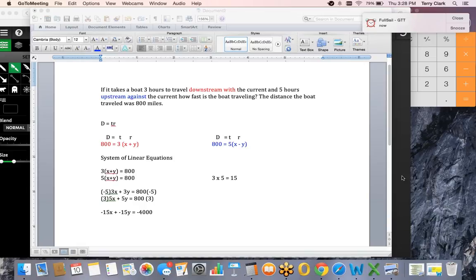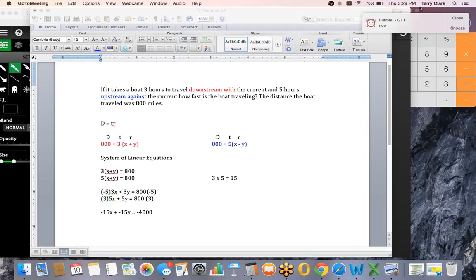The reason the rate has two variables is because we have two rates. We have the speed of the current and the speed of the boat.